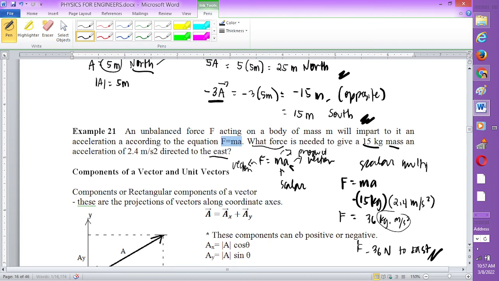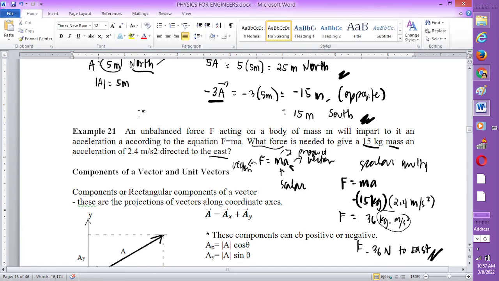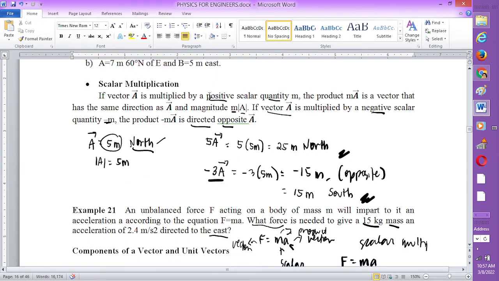Why is it still east? Because remember that our scalar here, which is mass, is positive. We said that when we do the scalar multiplication, if the scalar quantity you multiply to your vector is positive, it will have the same direction.